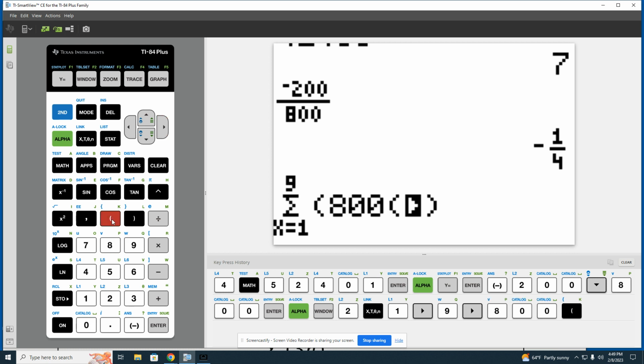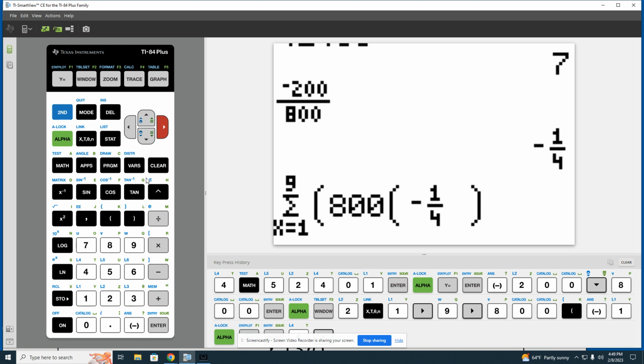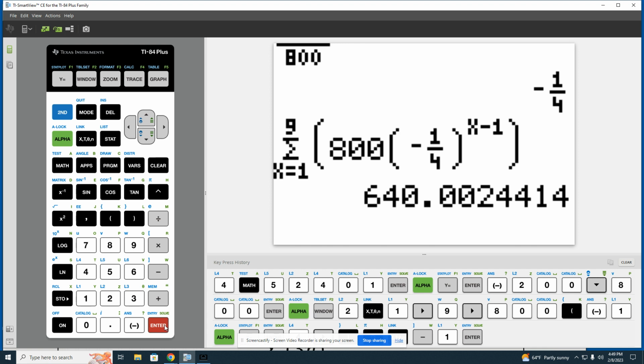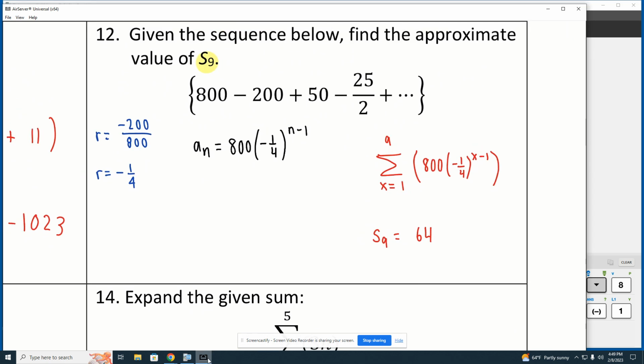Remember, we're going to open up a new parenthesis and do negative 1/4. We're going to close that parenthesis. Don't go outside of that parenthesis. We're going to close that parenthesis and raise it to the x minus 1 power, which equals, and I got 640 point, I mean, that's pretty close. Let's just do 640. That doesn't round very far. So 640 is a good answer here for number 12.